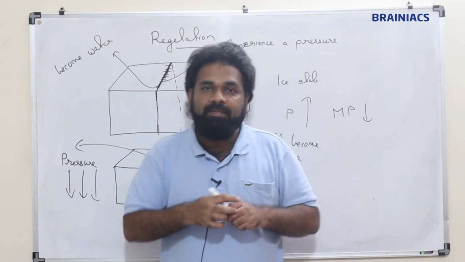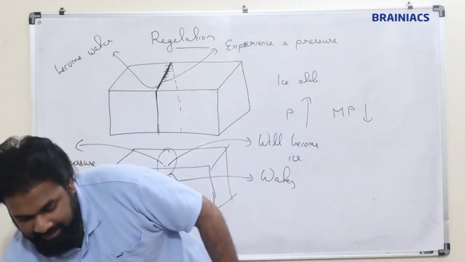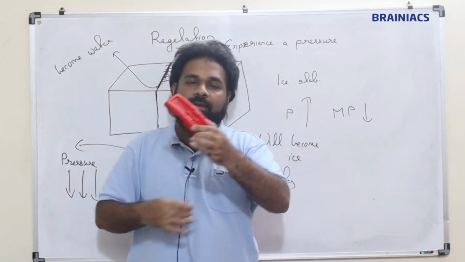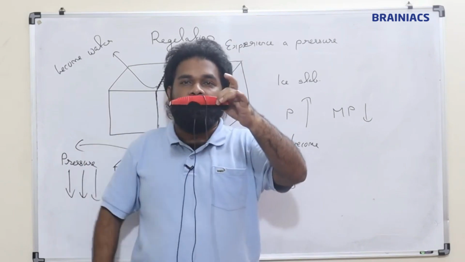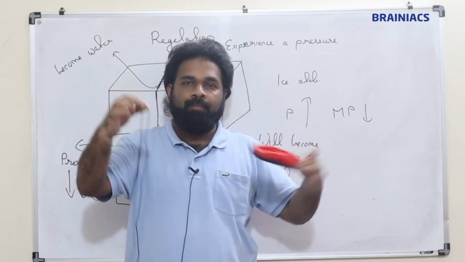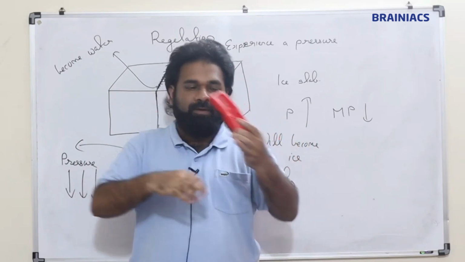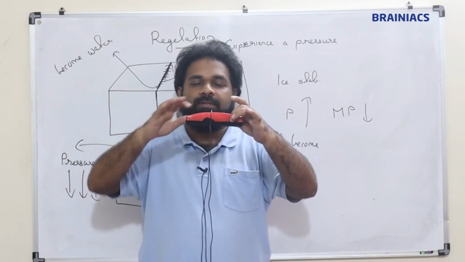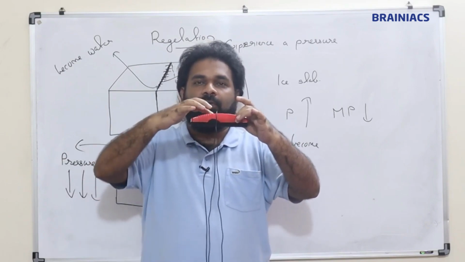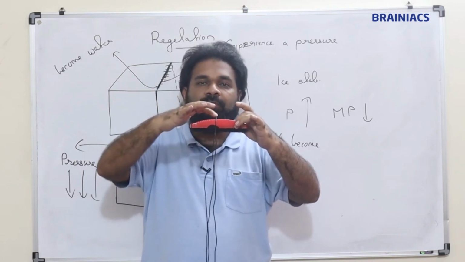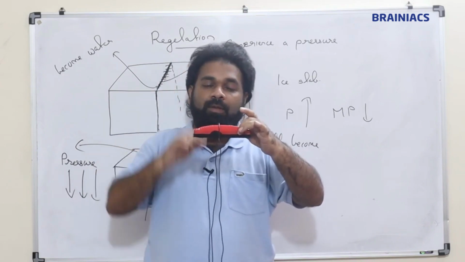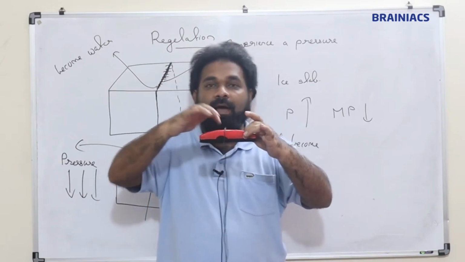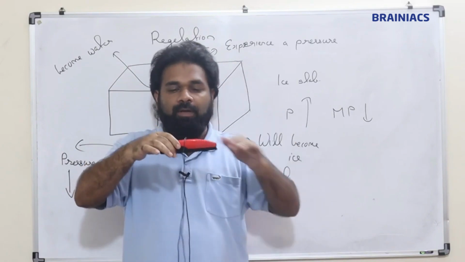So what happens is, if we take an ice slab like this, and suppose I keep a wire like this, are you able to see the wire of my mic? I am putting it like this. If this is ice, this part will become water because of the pressure due to this wire. When the pressure increases, the ice will become water because the melting point will come down.